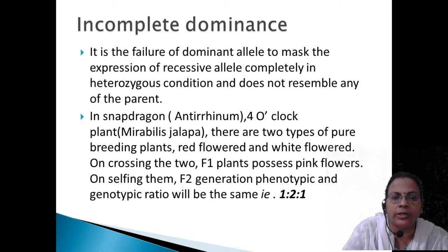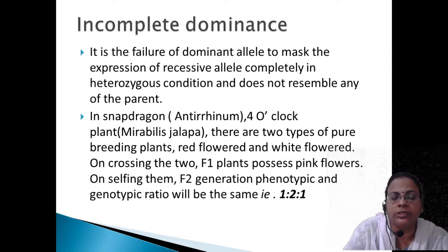There were two contrasting forms, and when they crossed these two contrasting forms, that is flower color, a red flowered plant crossed with a white flowered plant, in F1 as per Mendel they should get red, but instead they got a mixed-up character. That means a blended expression was observed.